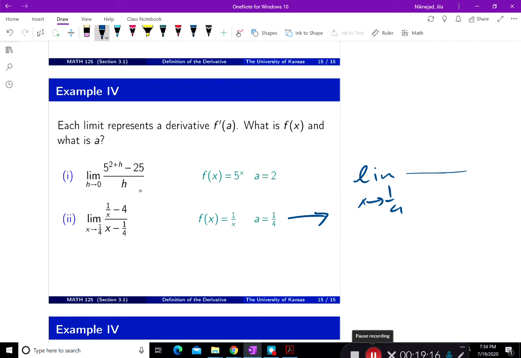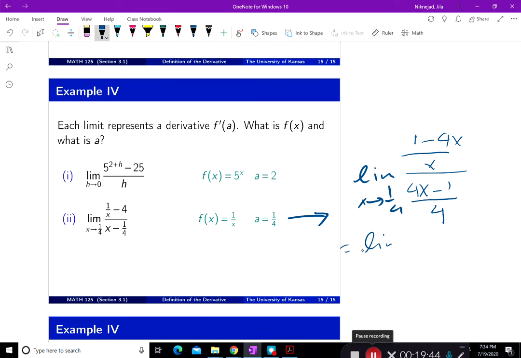With a common denominator, it would be 1 minus 4x divided by x, over 4x minus 1 divided by 4. The numerator and denominator have 4x minus 1, which simplifies and becomes a minus 1. See, this one is the opposite sign of that one.